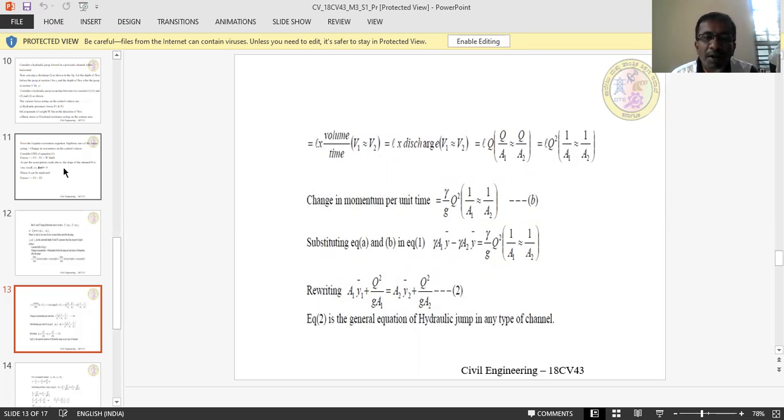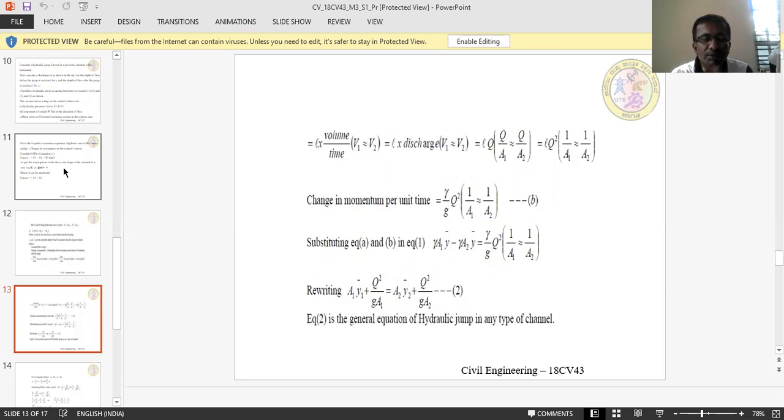The change in momentum per unit time can be written as gamma by g into Q square into 1 by A1 minus 1 by A2. This one is for total length, this one is for unit time. So substituting A and B in equation 1 and equating those two, gamma A1 Y1 minus gamma A2 Y2 equals gamma by g into Q square into 1 by A1 minus 1 by A2.